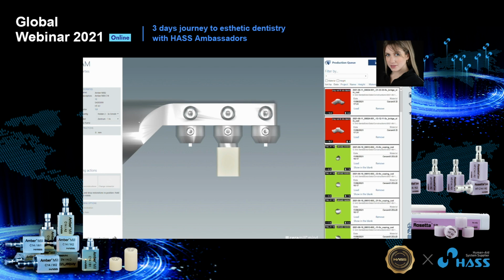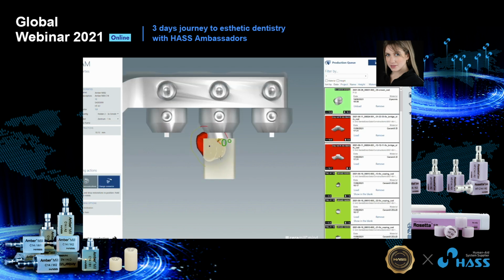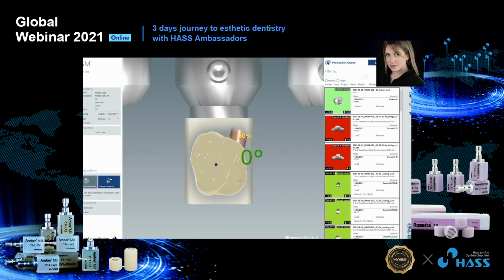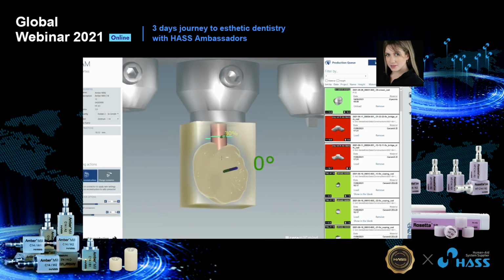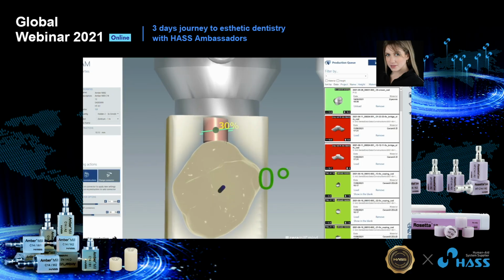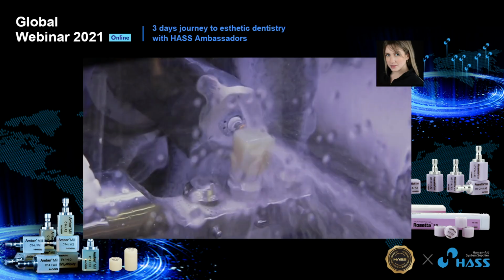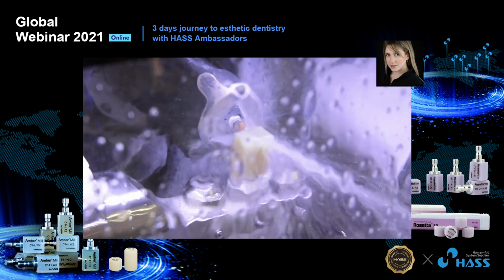First, we do the nesting. Of course, nesting is the process of positioning the restoration on the block digitally in the most favorable way. Then we attach the sprue, the small holding bar, and the milling procedure begins.